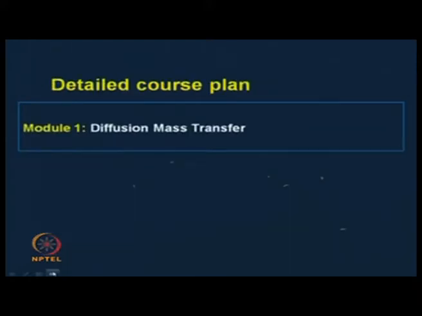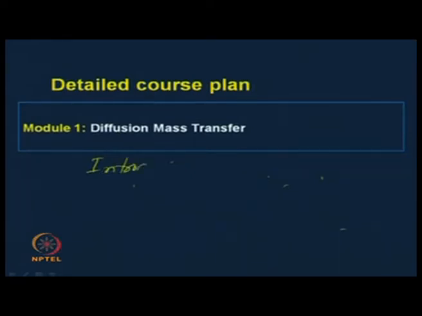In the detailed course plan, module 1 will discuss mass transfer operations and diffusion. Here we will discuss diffusion mass transfer. We will introduce you to the mass transfer operations.